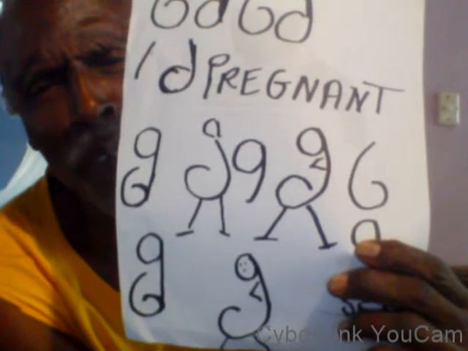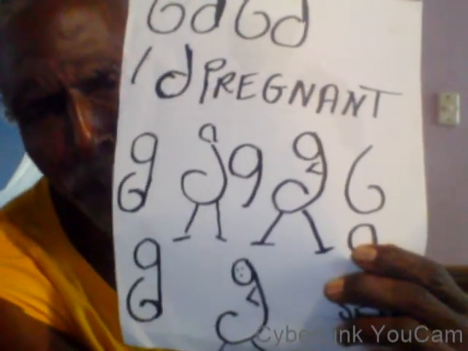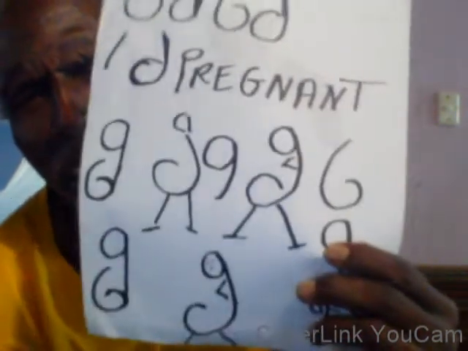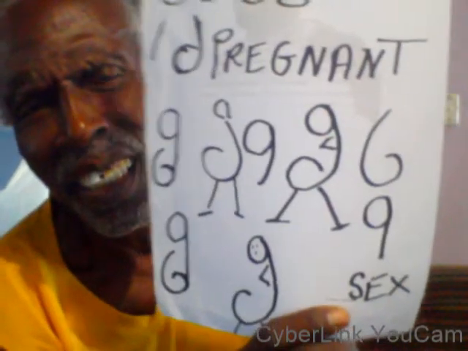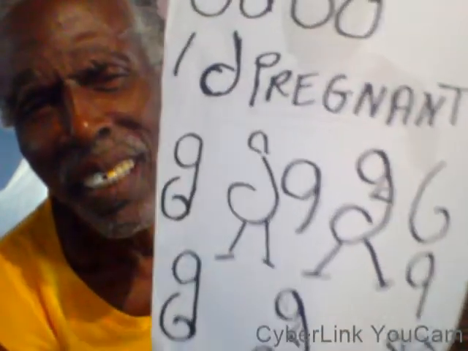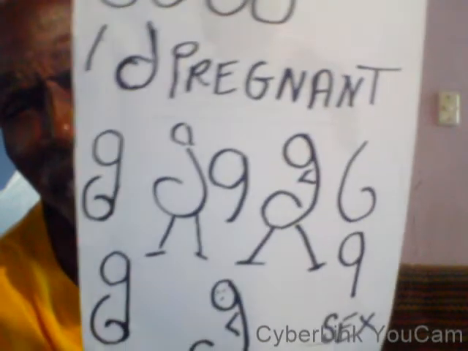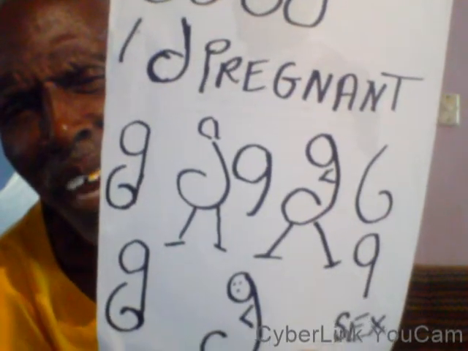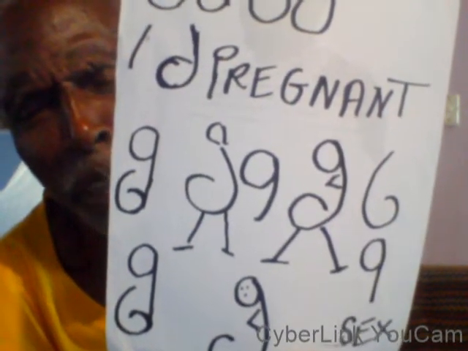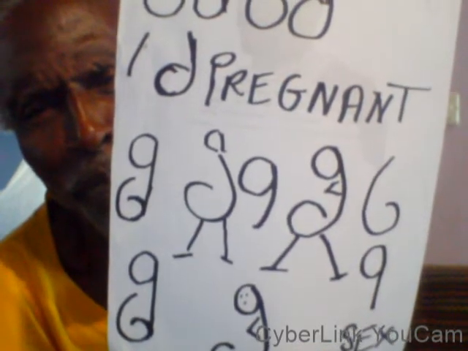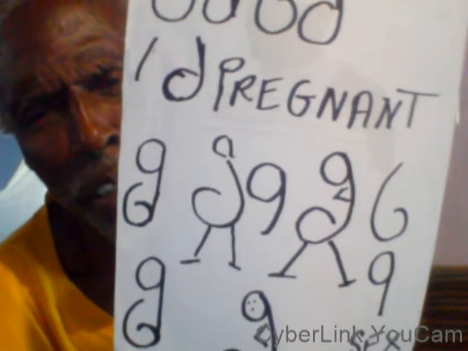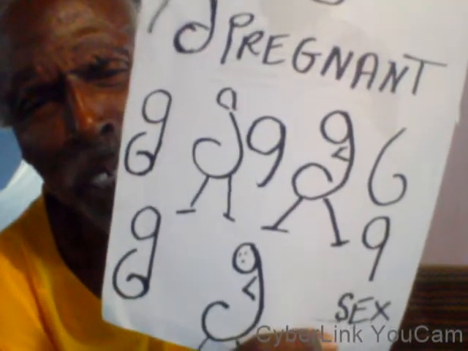That is man, woman, and child. That is 3. So you can see it here, 69. Right? 69 is a sexual number in which the man and the woman perform oral sex, one on top, one underneath, as we can see.